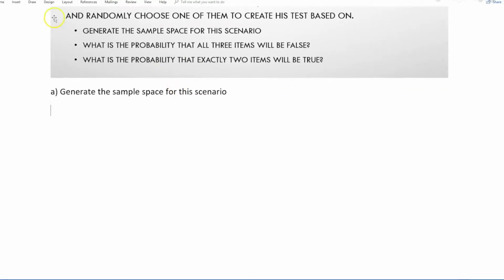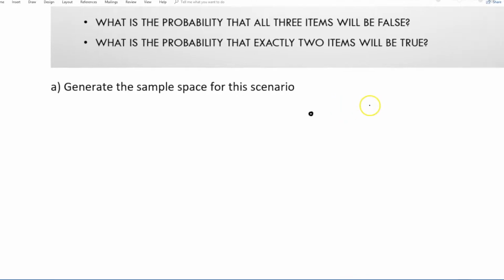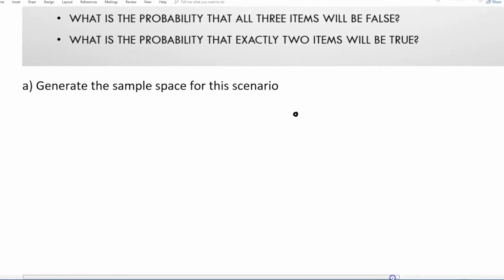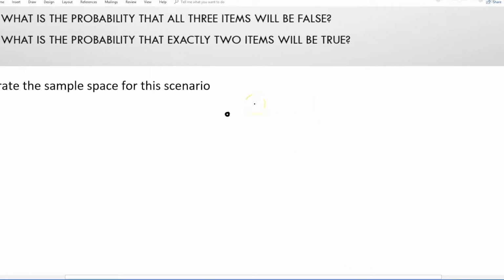So in general, when we start off a tree diagram, we draw a dot. There's my dot. I'm going to zoom in a bit here. Each jump from a dot represents a choice or a possible set of outcomes. So when I have the first true or false question, what are the 2 possible outcomes? True or false.